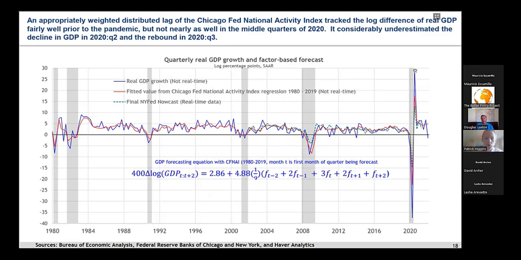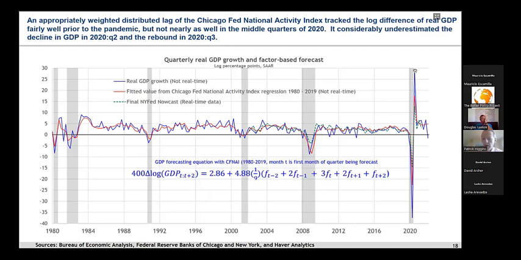And you can see if you forecast this with the Chicago Fed National Activity Index using the relationship with the pre-pandemic data, it doesn't drop or recover nearly as much as the actual GDP growth did. And the same thing with the New York Fed forecast. Essentially, it resembles this Chicago Fed National Activity Index, and it didn't capture the strength of the rebound or the initial decline.